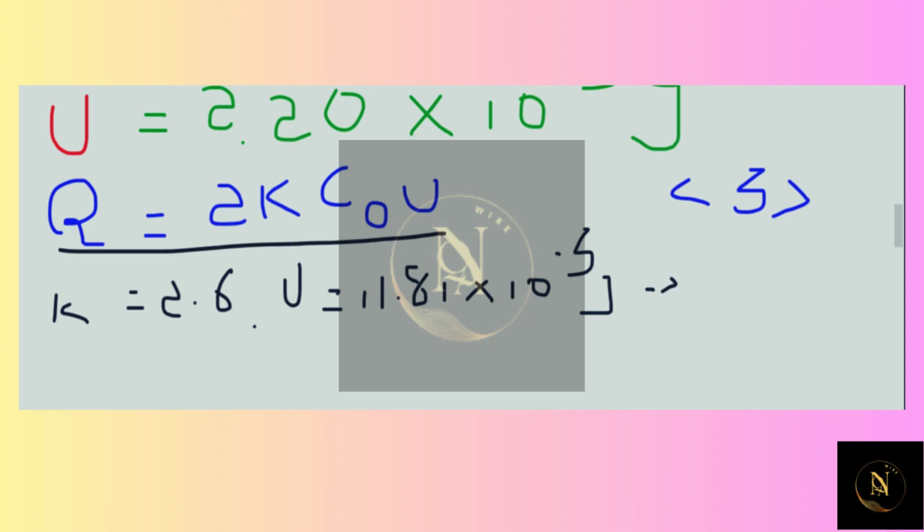Using this formula and by putting all the values, we can calculate Q as 0.39 picocoulomb.